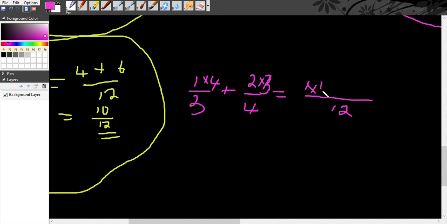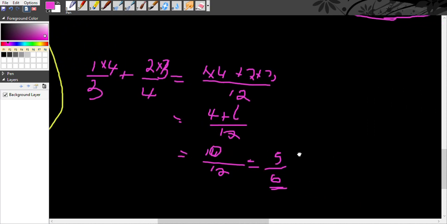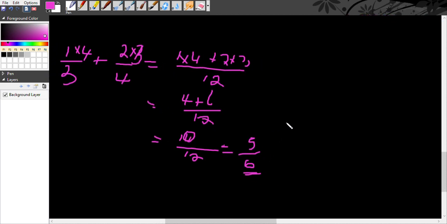So 1 times 4 plus 2 times 3 gives us 4 plus 6 over 12, which gives us 10 over 12, which should be simplified further, of course. Simplified, that becomes 5 over 6. Final answer: 5 over 6 is our final answer.